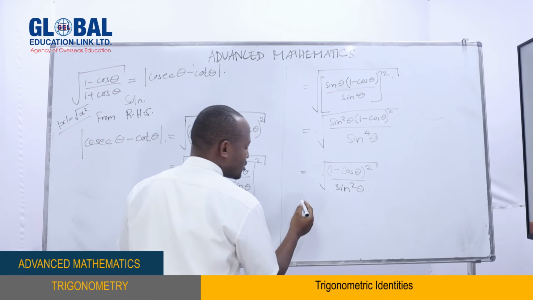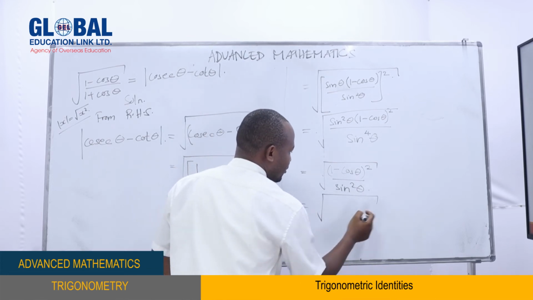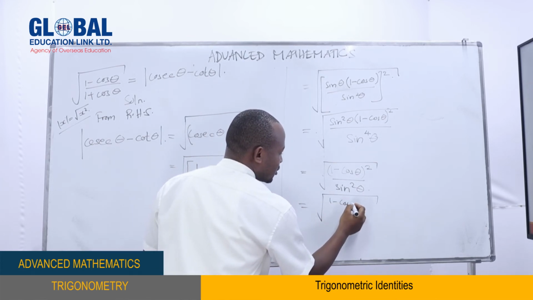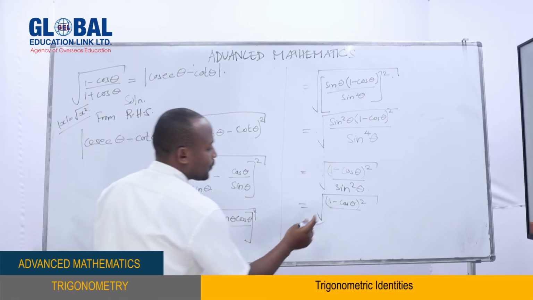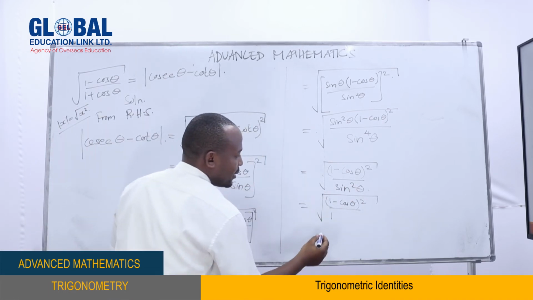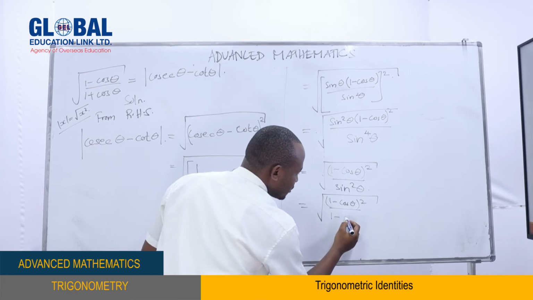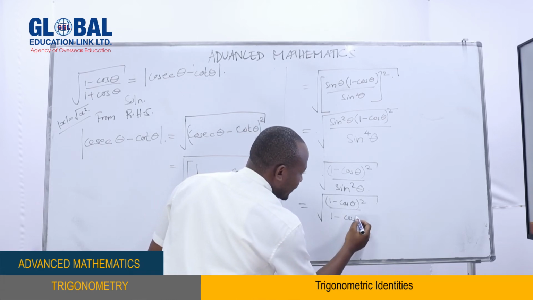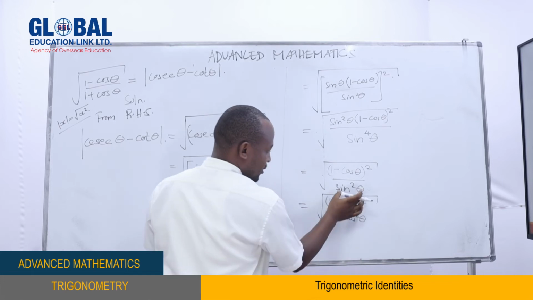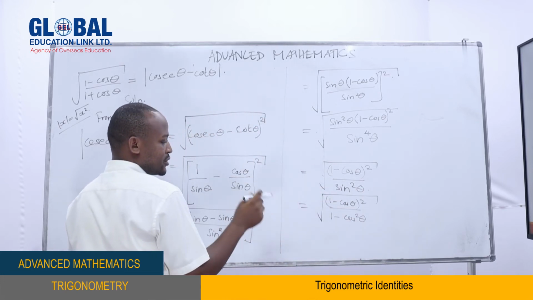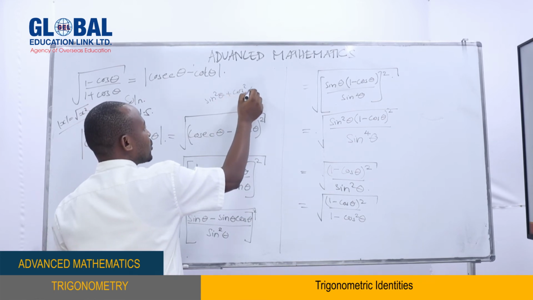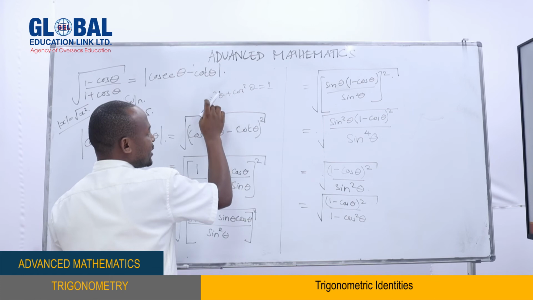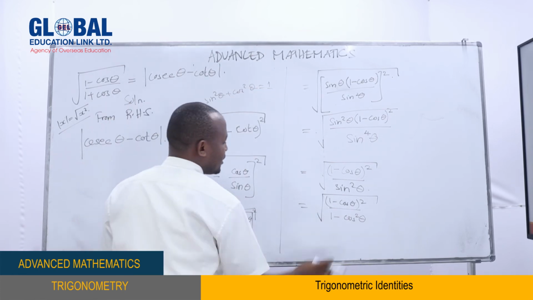That is equal to the square root of (1 minus cos theta) squared over (1 minus cos squared theta), because from the Pythagorean identity, as I showed earlier, sine squared theta plus cos squared theta is equal to 1. So taking cos squared to the right hand side, you will be left with this one.